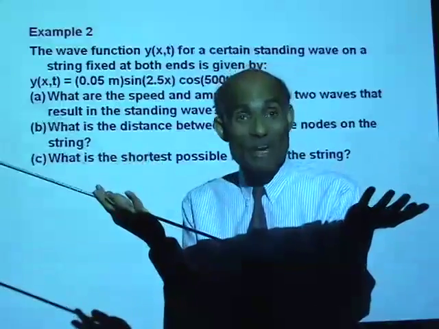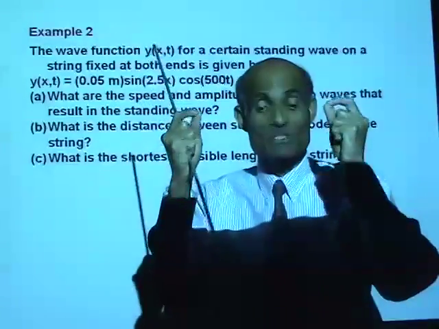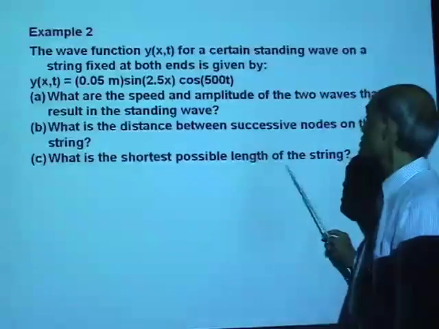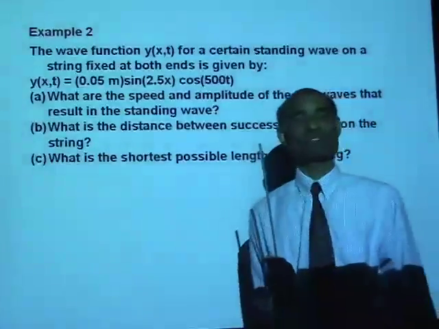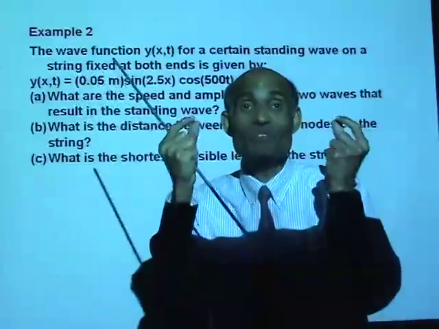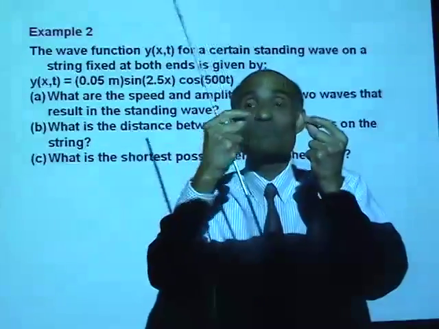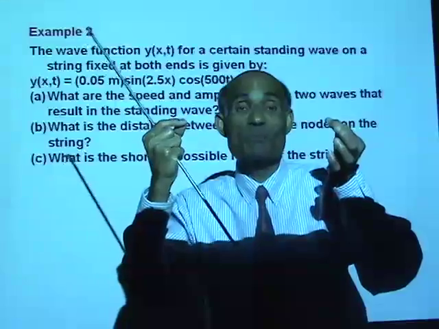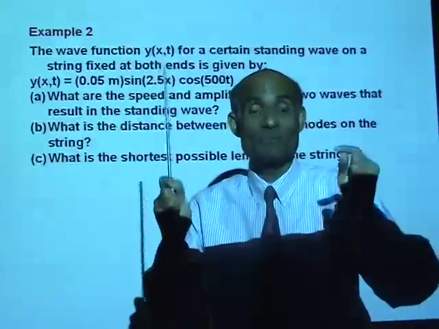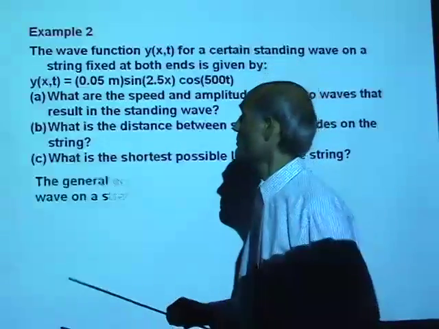So if you know the wavelength, then you know the distance between successive nodes. What is the shortest possible length of the string? Well, the shortest possible length of the string will be the distance between two nodes, because that is the lowest mode of vibration. Okay, let's do this problem.